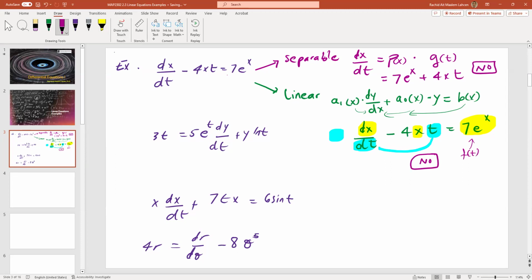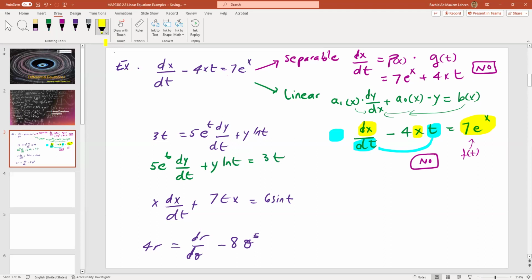All right. So now let's ask the questions. What do you think about the next one? I try to use the same idea. Separable doesn't look like it, but let's check whether it's linear. So you have 5e^t dy over dt plus y log of t equal to t.